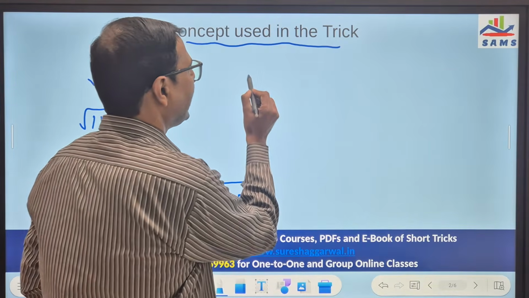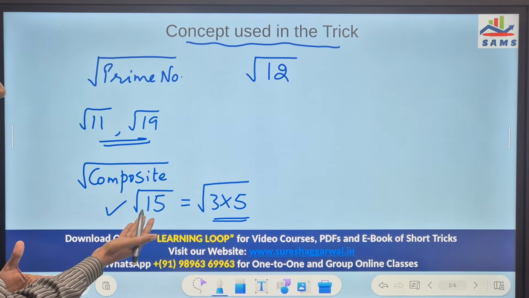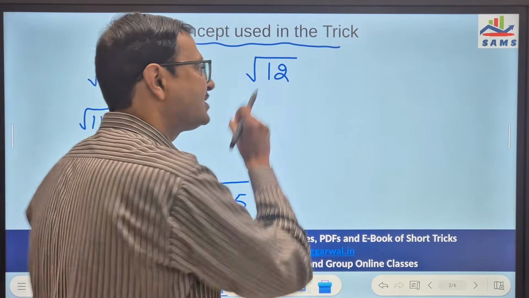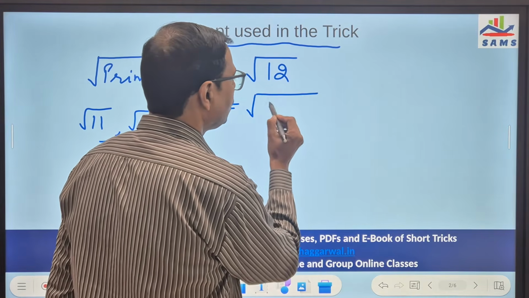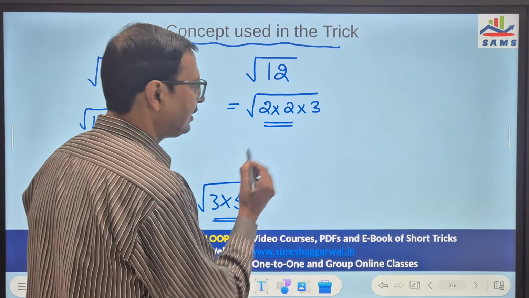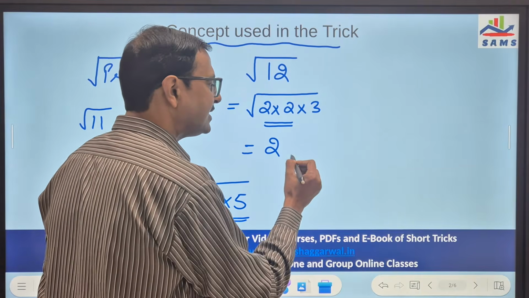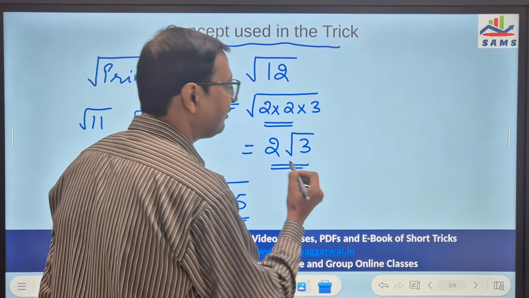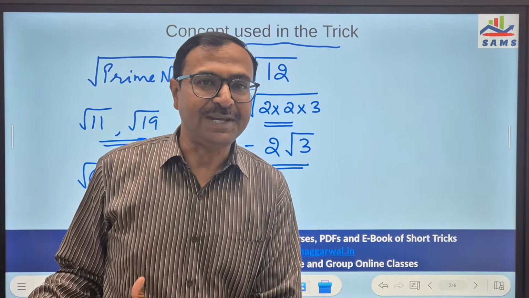But there are some numbers where factorization works because it simplifies our radical. Let's see square root of 12. Now unlike square root of 15, I have to factorize 12 here. Why? Because 12 is 2 times 2 times 3, and now 2 forms a pair, so it comes out of the radical sign and 3 remains inside the radical sign, giving me the simplified form of root 12 as 2 root 3.